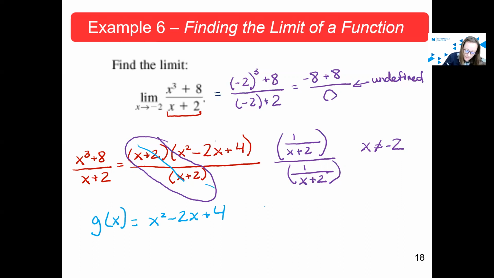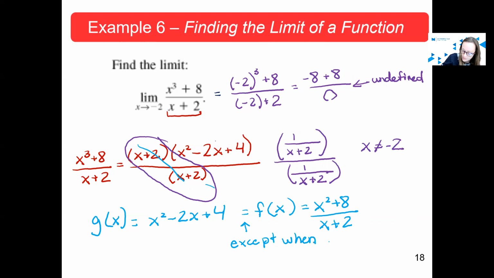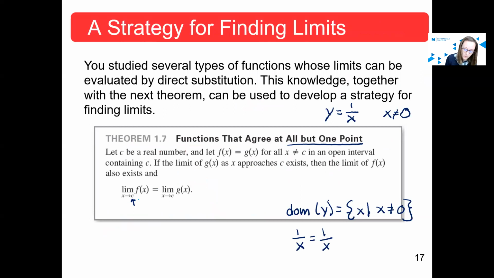And I want you to recognize that g of x is equal to our f of x, x squared plus 8 over x plus 2. They're equivalent except when x equals -2.